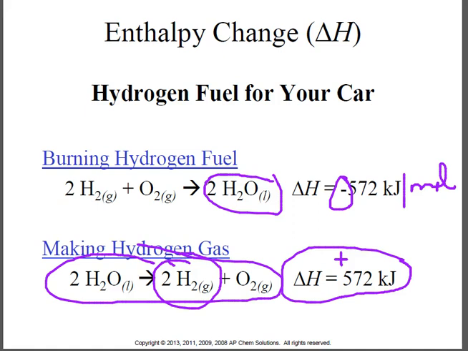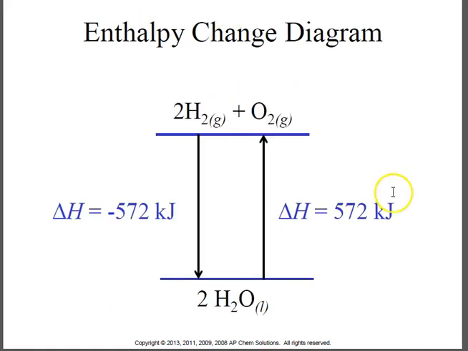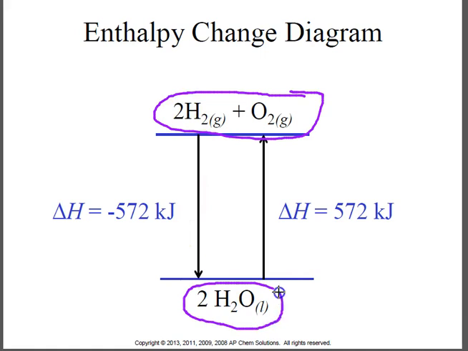This is a visual kind of showing us that. Up here at the top, we have our reactants, hydrogen and oxygen, that we could have in our hydrogen cells in our car. And as they make the water, it has less potential energy, see? And so we would get that much energy per mole.